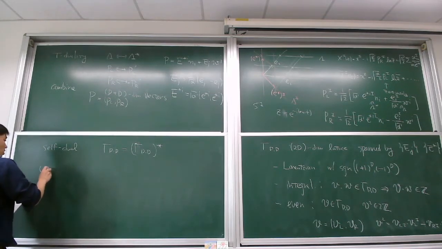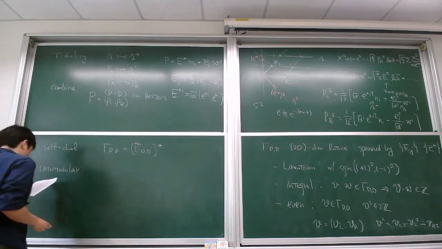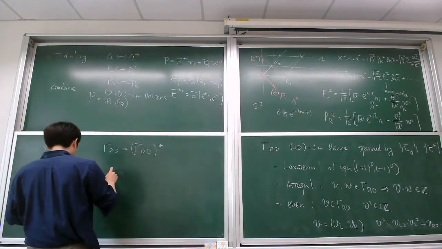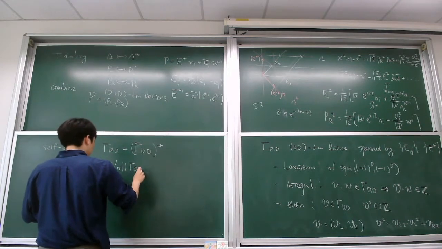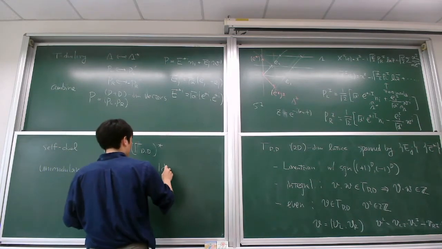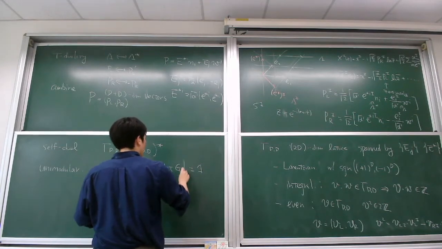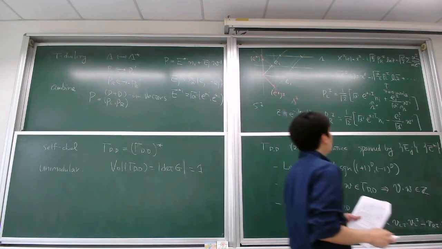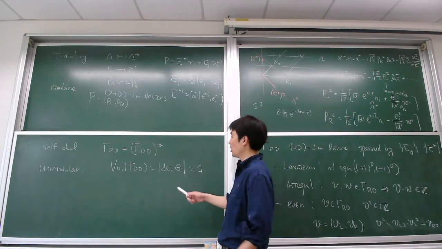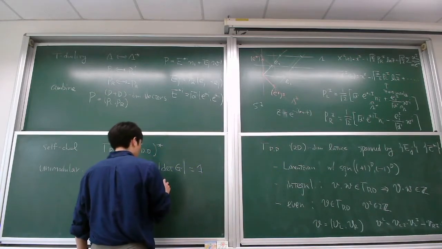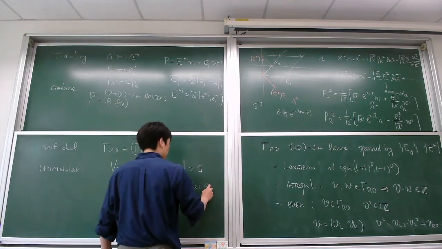And it's called unimodular, which is the case if, since we take the dual lattice again, you have determinant G is essentially determinant of G_ij times determinant of the inverse metric G^ij.